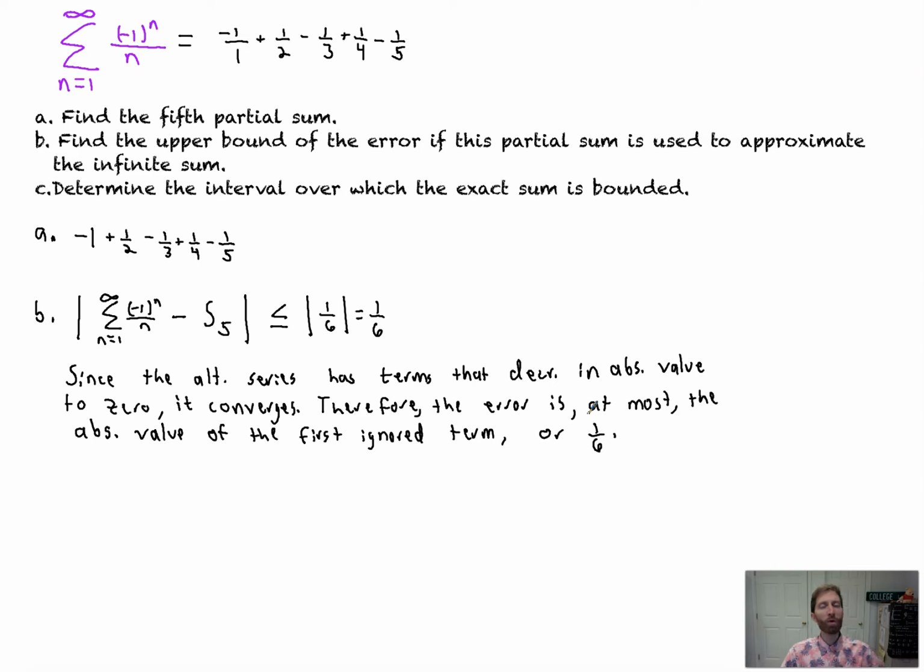So that's how you really formally state it. You actually have to show that the series converges, state that it's alternating, because that allows you to use this logic, and then state that the first unused term is the upper bound of the error.